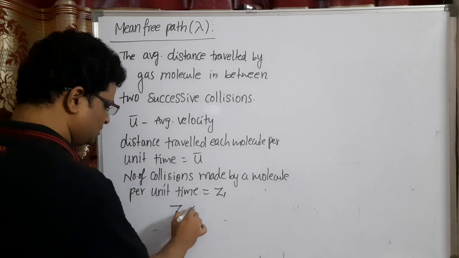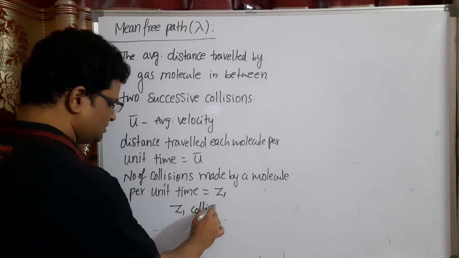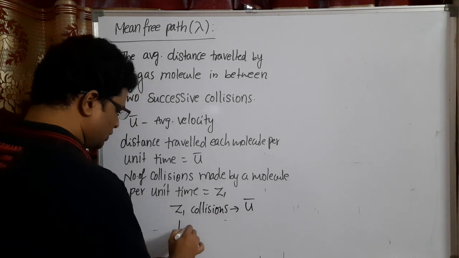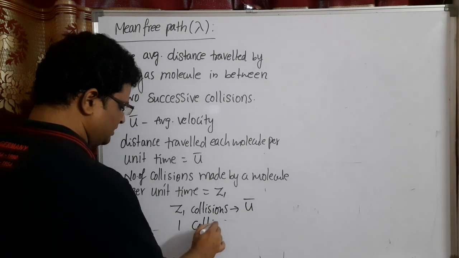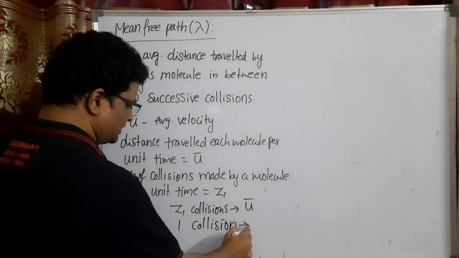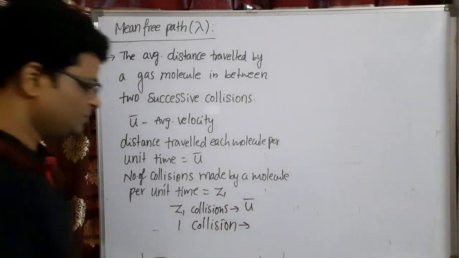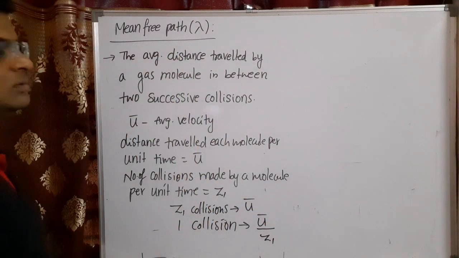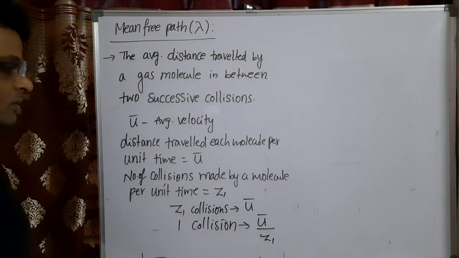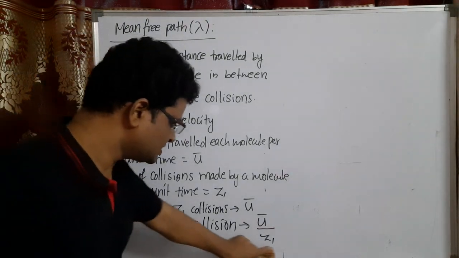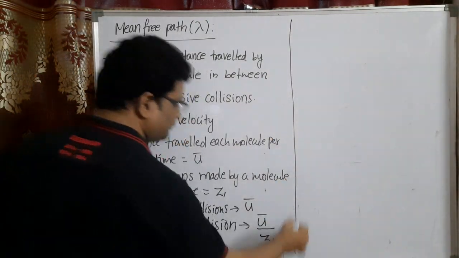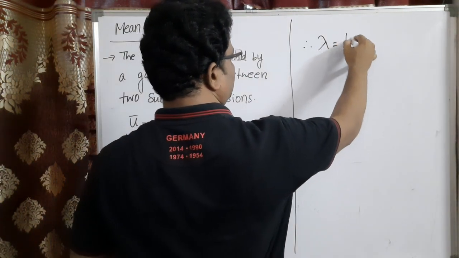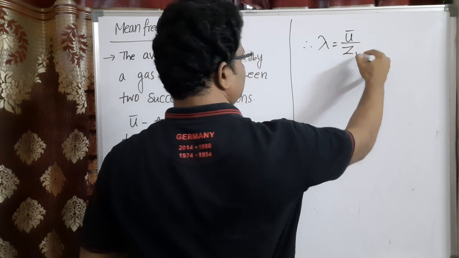So the distance traveled for each collision will be u bar by Z1. This itself is equal to the mean free path. The average distance traveled by each molecule between two successive collisions is called the mean free path, u bar by Z1.